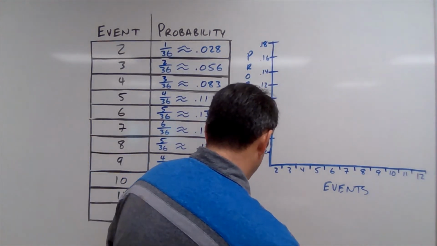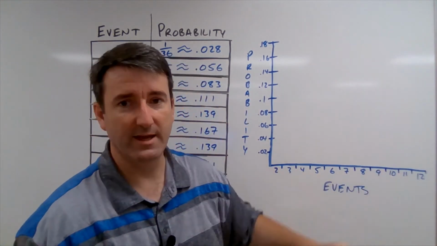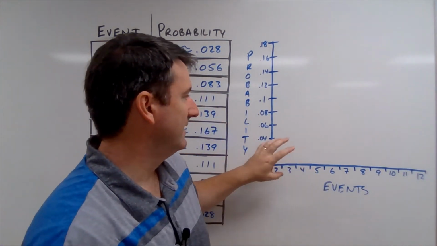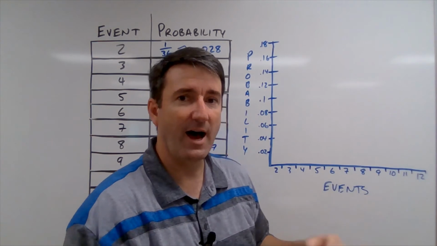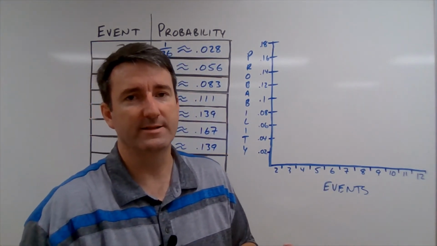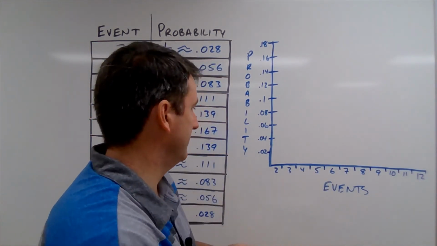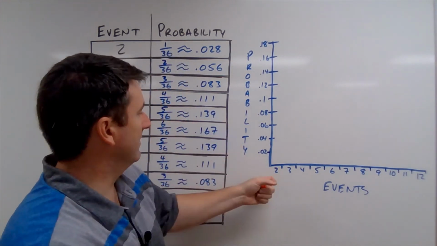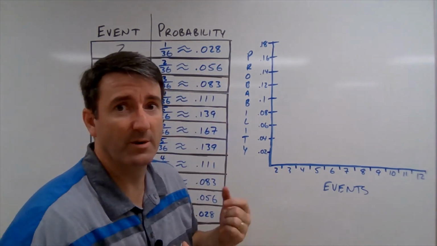All right, and now to make a histogram, we're going to make little boxes for each of these, and the height of the box is going to tell us the probability of each of the events. So the probability of rolling a 2 was 0.028.